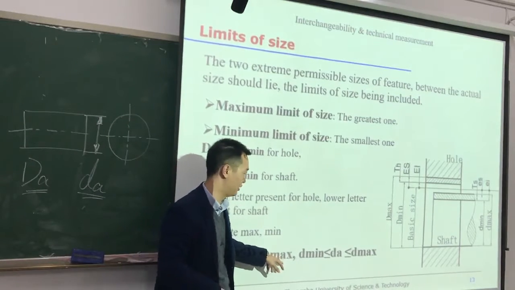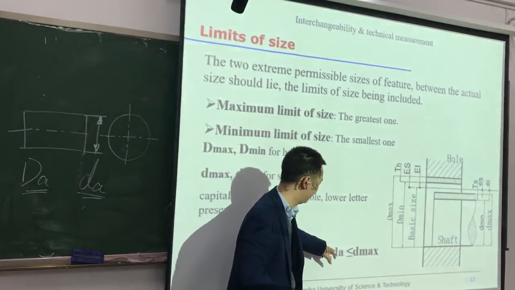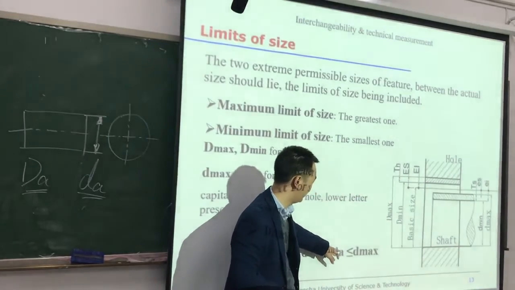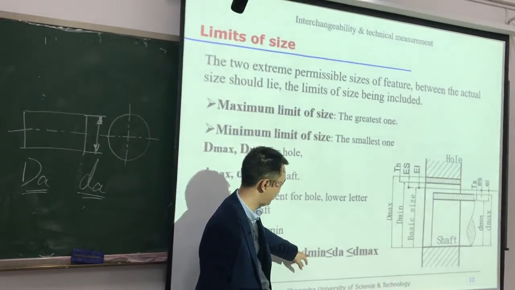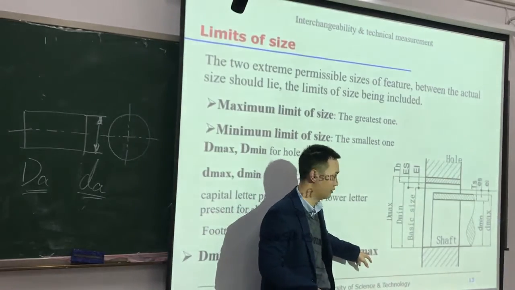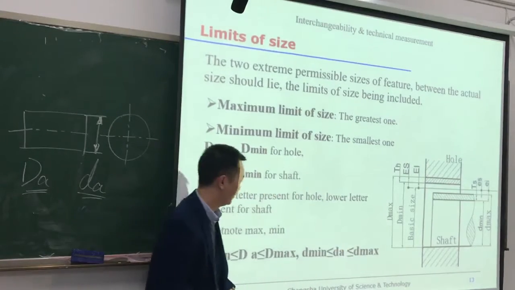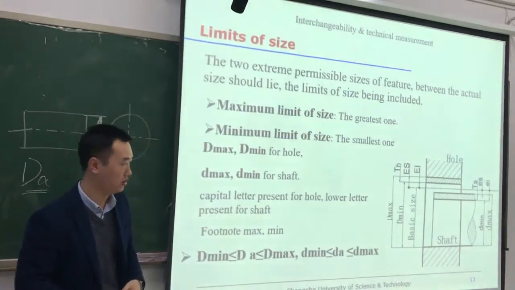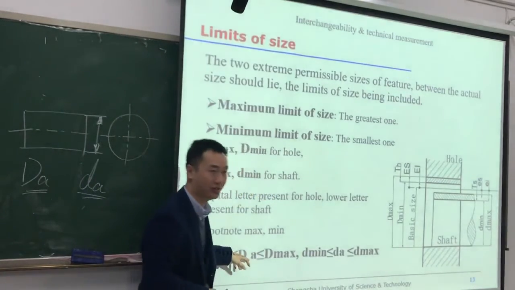And for the shaft, the actual size of the shaft is in the range of lowercase d min to lowercase d max. So when we manufacture a shaft or hole, we use an instrument to measure the actual size.